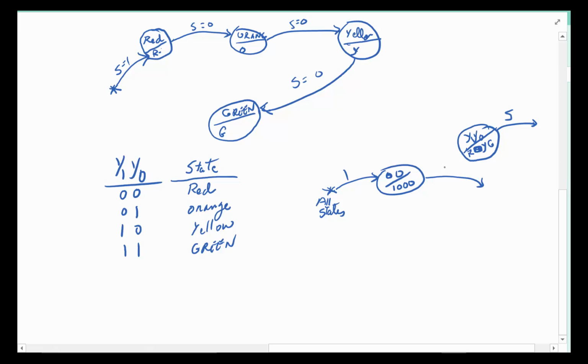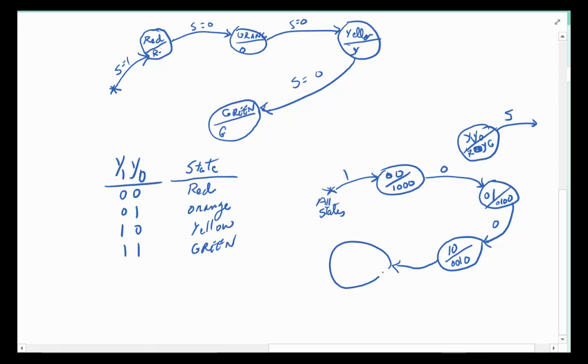If you get a 0 here, we're going to go to state 0, 1, and in 0, 1 the color is going to be 0, 1, 0, 0. Then if you still get an input 0, and remember, if you get a 1 you always go back to 0, 0, so 0, 1 will end up in state 1, 0, which is the yellow state. And in this case, the output is going to be that.